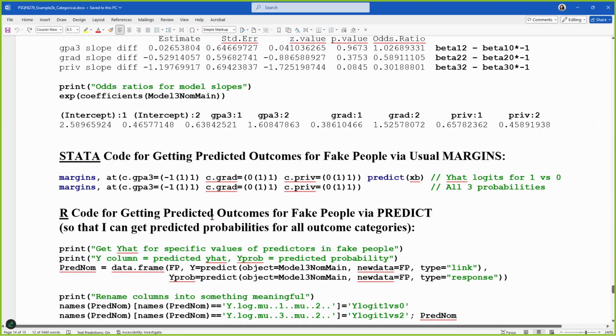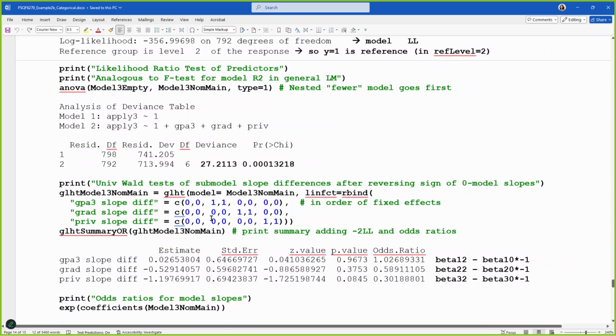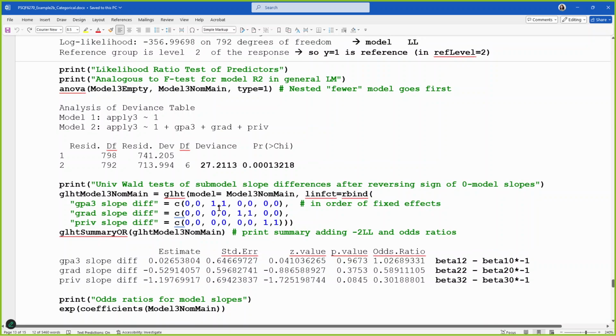Can you explain, I'm so sorry. No, don't apologize. Because for the ordinal model, you put in one of your coefficients should be a -1, one of them should be 1. So you're subtracting it. Yes. But for nominal data, you're not going to use negatives when you're entering which things to include.